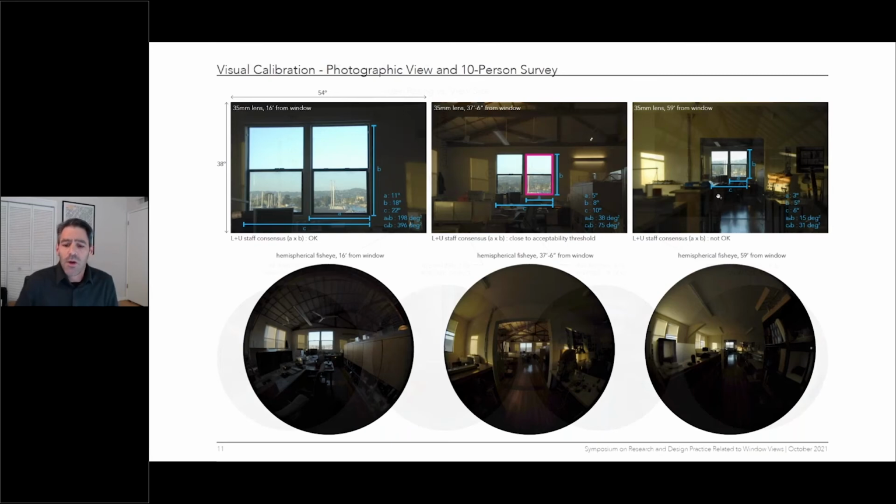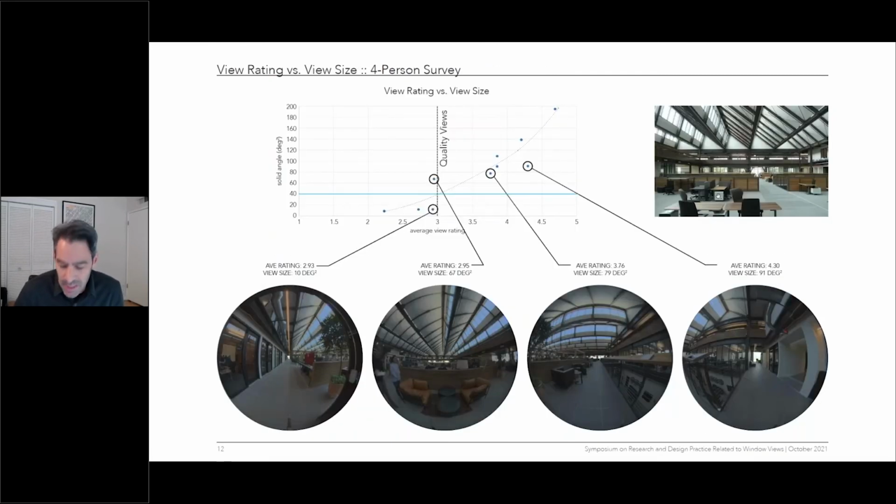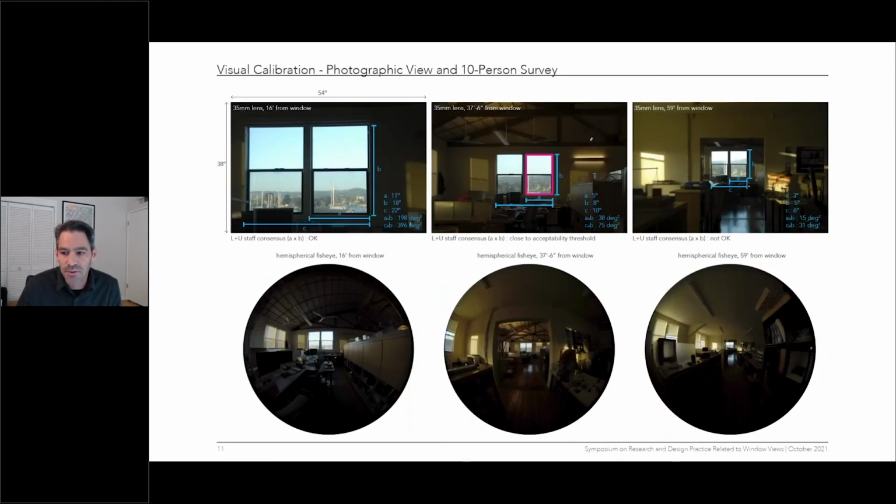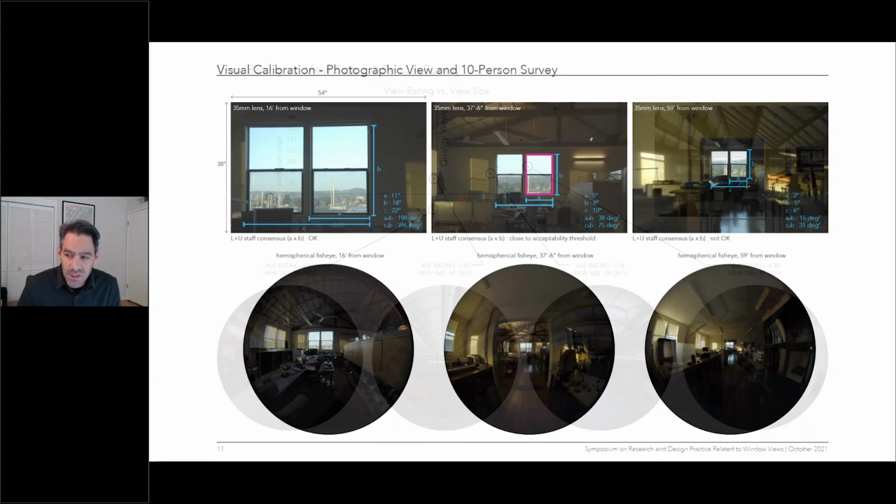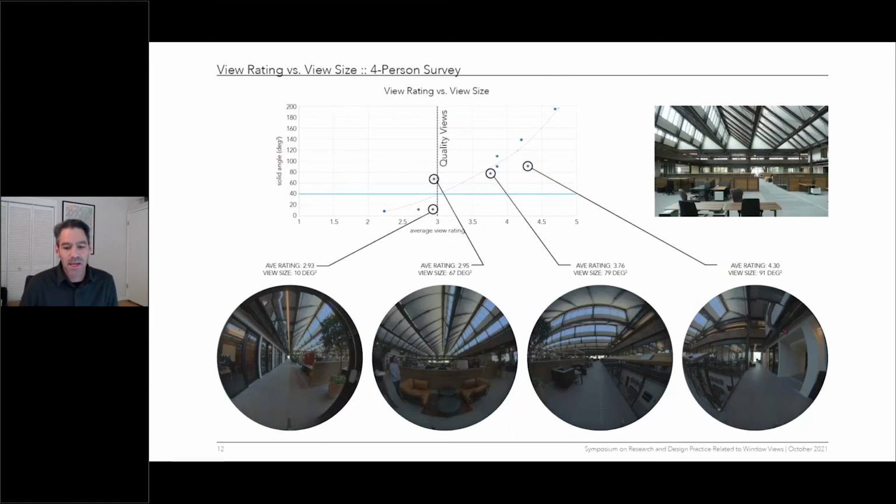So then we took this, and by the way, that was a pretty simple example, not very complicated, just one small window. We took this to a much more complex space and wondered how this would work. We enlisted 4 people to come rate these different views, and you can see these fisheye views on the bottom.